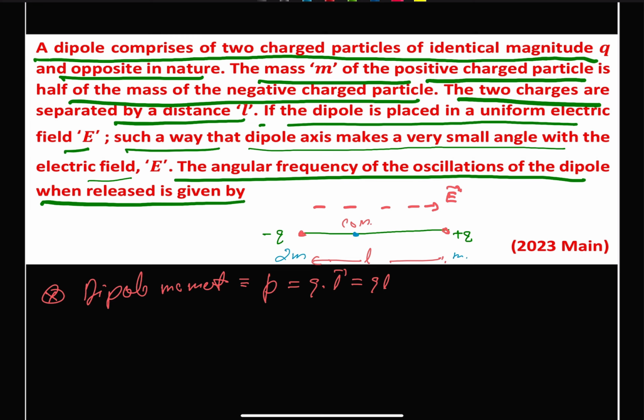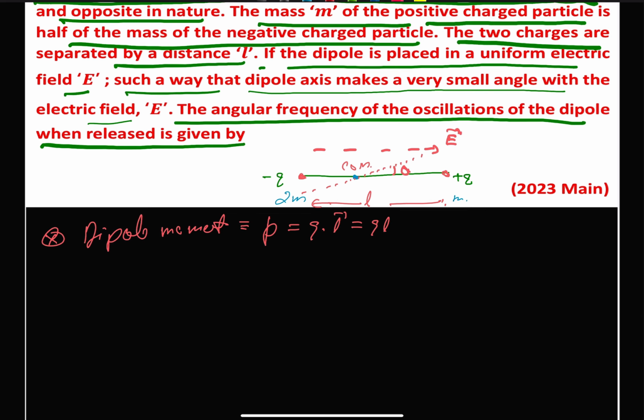Now we are given that it is making a small angle theta, so obviously it will be something like this, small angle theta, and therefore you can get the torque equation.